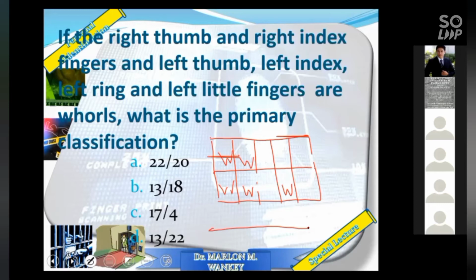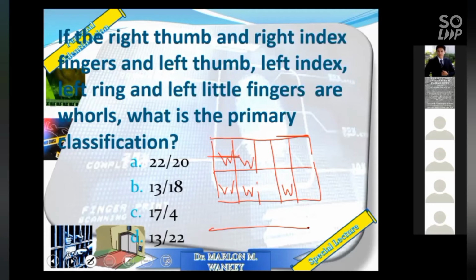So, denominator. So, this is whorl number 1. So, 16. So, 1, 3, 5. Sa 3, 5 walang whorl. Pero pagdating mo sa 7, meron. So, 16 plus 2. Okay, that is 18. Then, pagdating mo sa 9, mayroong whorl.